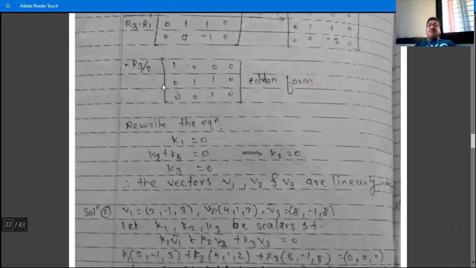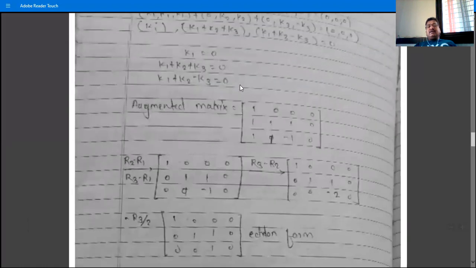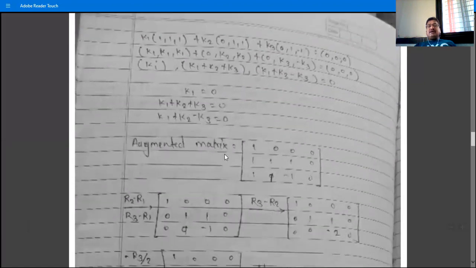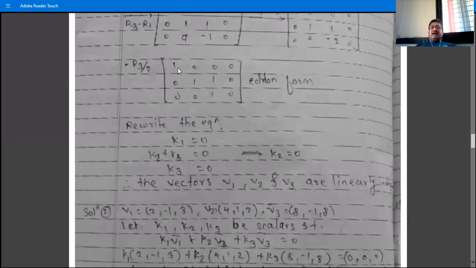That is, no need to write the rank of A and rank of AB. Why is this a homogeneous system? Because all the right-hand sides are equal to 0. In the case of any homogeneous system, the system is always consistent. There is no case that a homogeneous system is inconsistent.